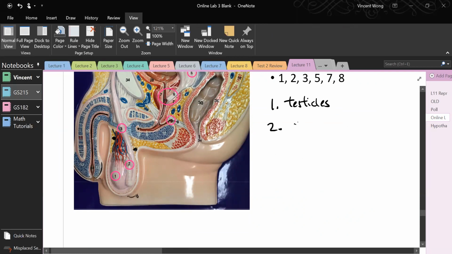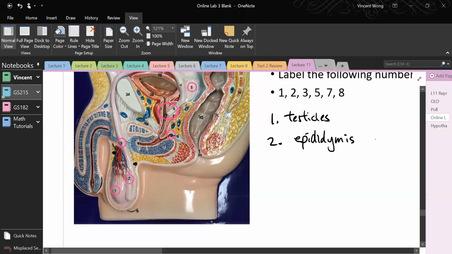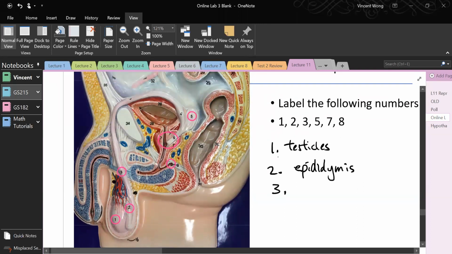That is the epididymis. That's where the sperm becomes mobile, and they're stored there as well before they're released. Number three, that's the vas deferens.